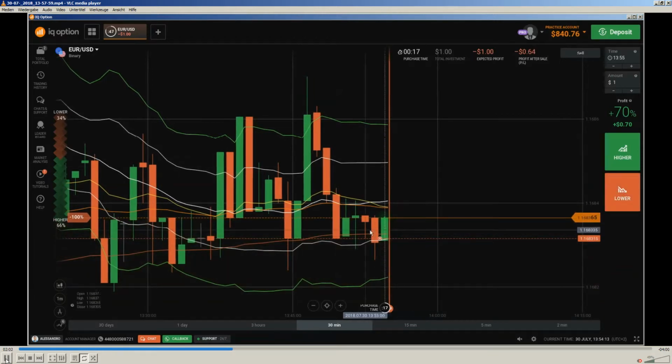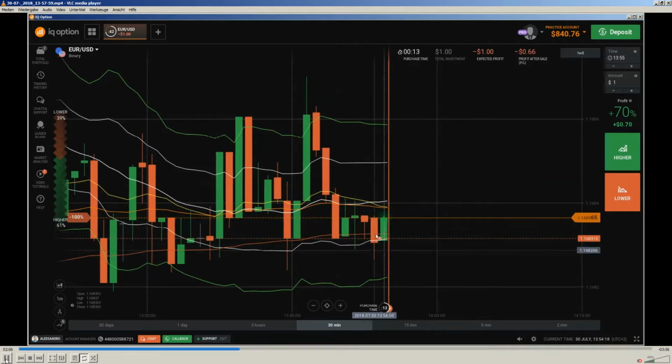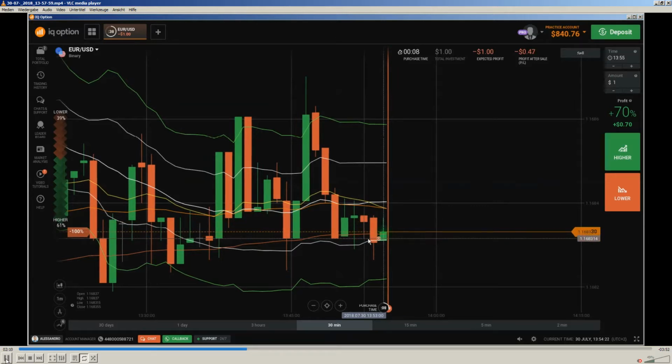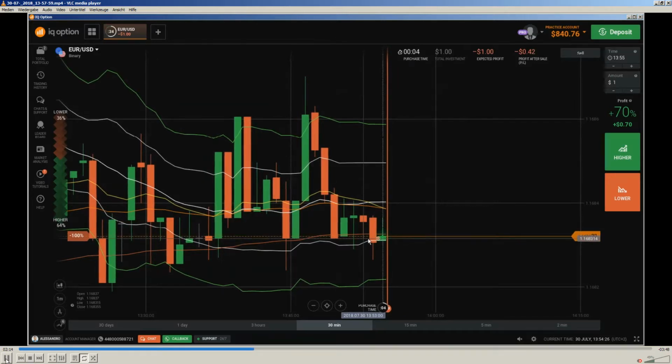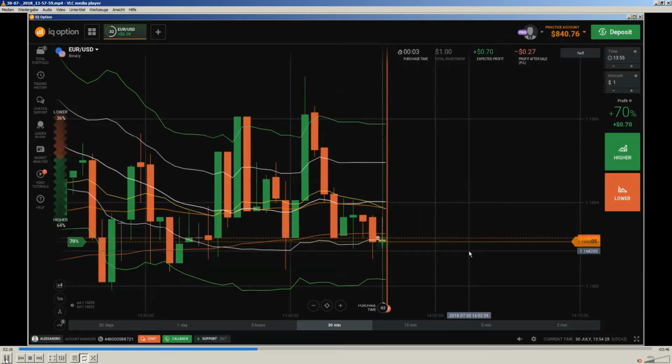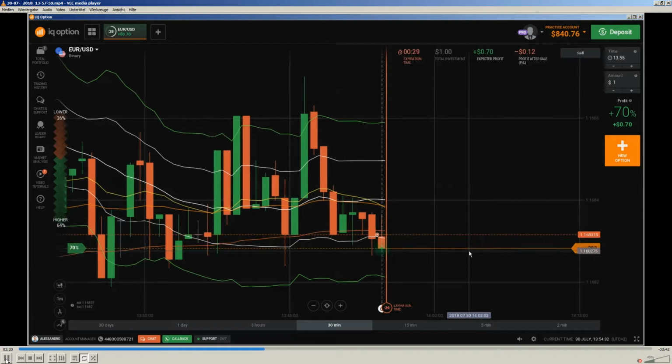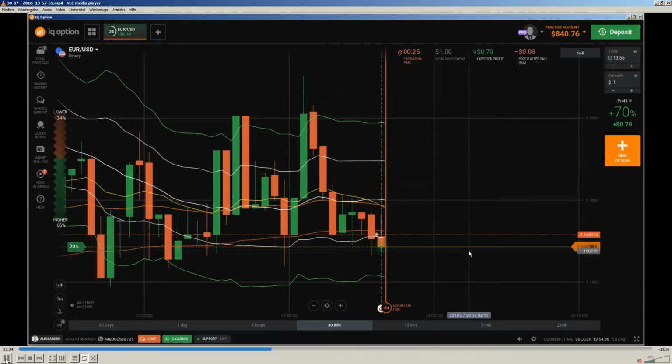Important for me in this case was only that I got an entry point above the closing price of the previous bearish candle, for the case that a doji or something happens, yes. But that was the only reason. And you see price is pushing down. Yes, price is pushing down, and it looks like it is in the money.